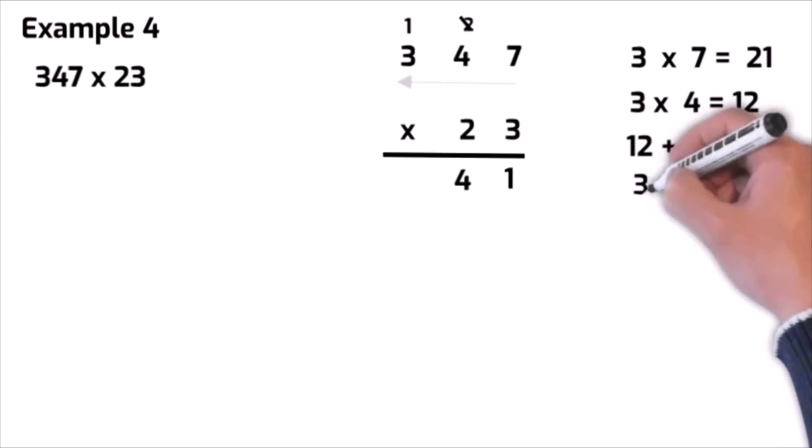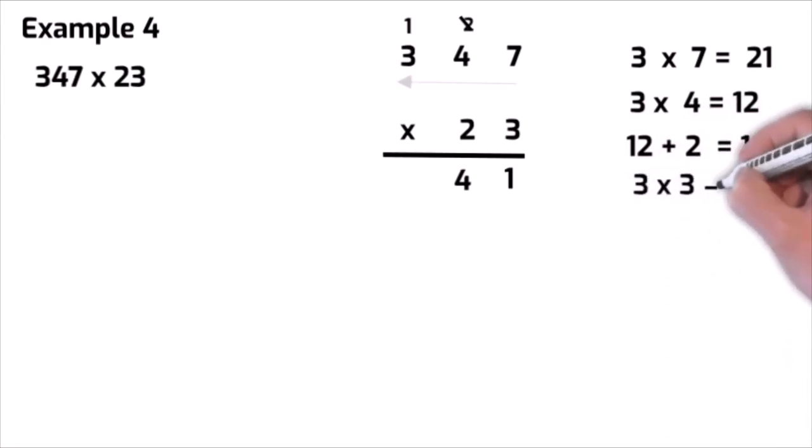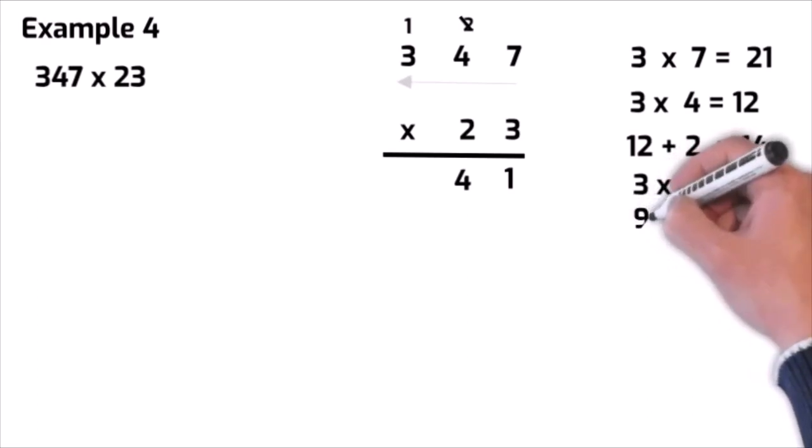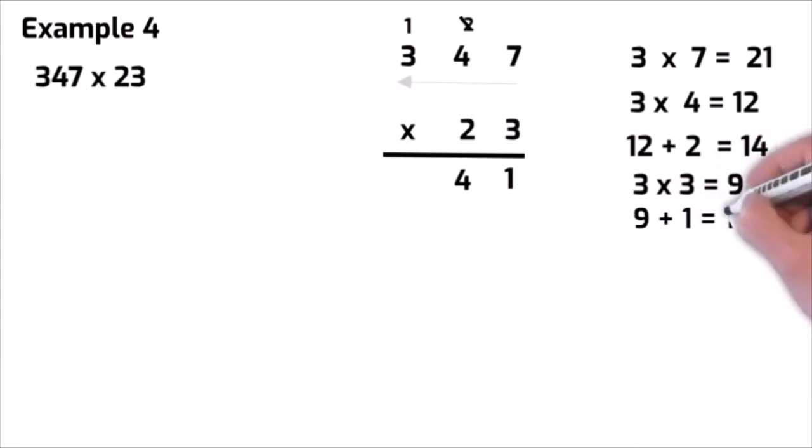Next, we multiply 3 times 3. 3 times 3 is 9. Now, we add what we carried over, which in this case is 1. So 9 plus 1 is equal to 10.